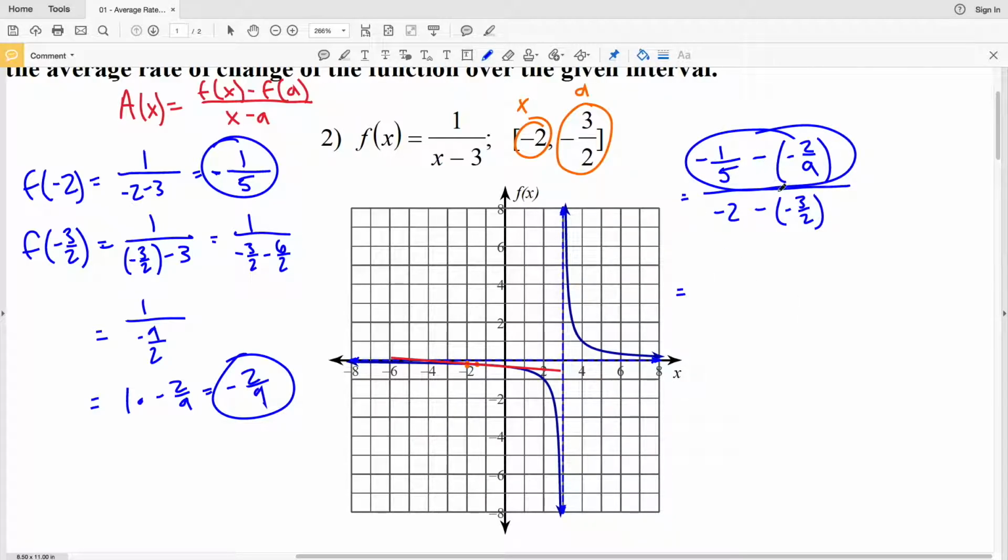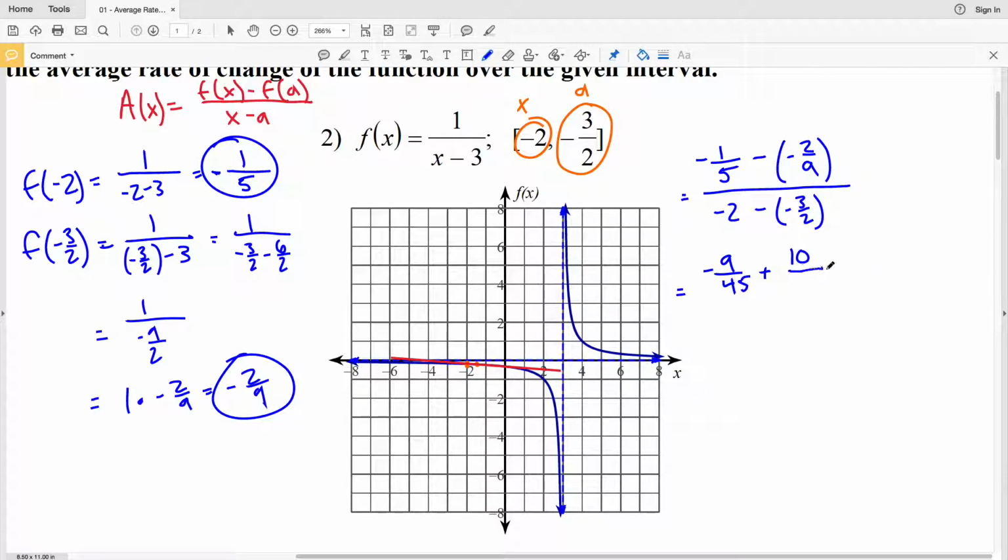Finding a common denominator between 5 and 9, we'll use 45. So multiplying the first fraction by 9 over 9, I'll get negative 9 over 45, and I'll be subtracting a negative 2/9, but as opposed to subtracting a negative, I'll add a positive, and we're going to be multiplying 2/9 by 5 over 5.